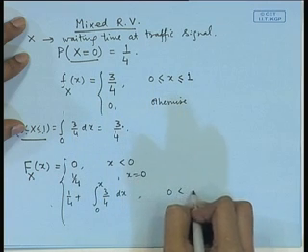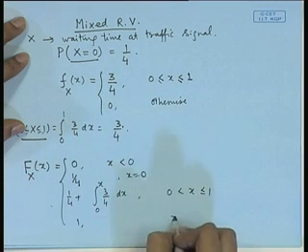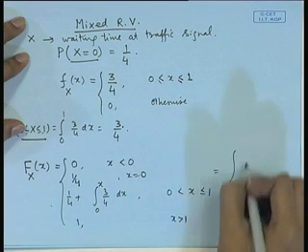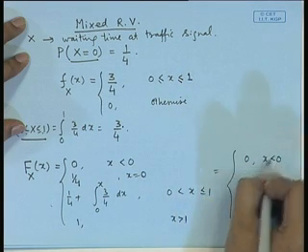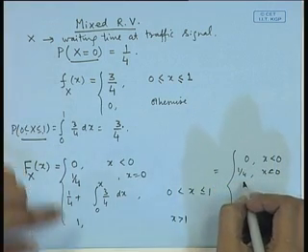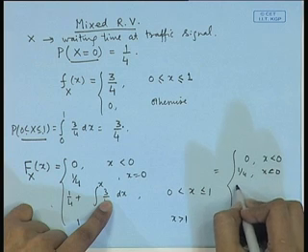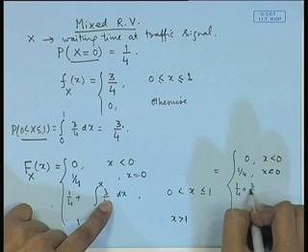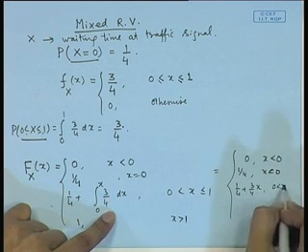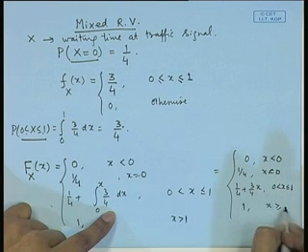And of course, it is equal to 1 for x greater than 1. So, if we expand it, it is becoming 0 for x less than 0, 1 by 4 for x equal to 0, and here it is becoming 1 by 4 plus 3 by 4 x for 0 less than x less than or equal to 1. It is 1 for x greater than or equal to 1.